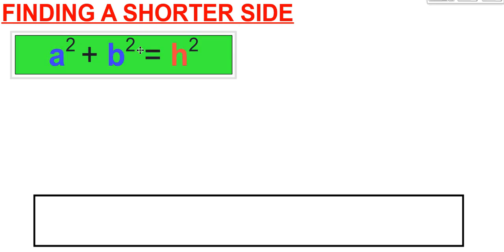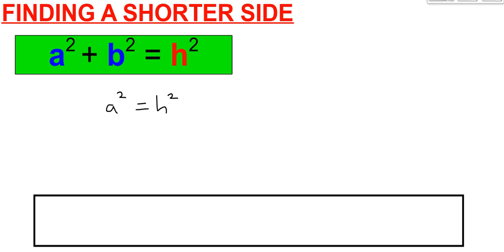So going back to Pythagoras' formula, a squared plus b squared equals h squared. We said before, it doesn't matter which of a and b is the shortest side. All it matters is, in some order, a and b are the shorter ones. So let's focus on a. We want to have a on its own, so we could subtract b squared from both sides.